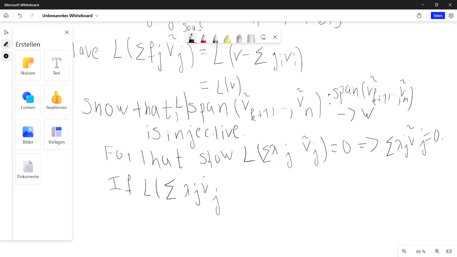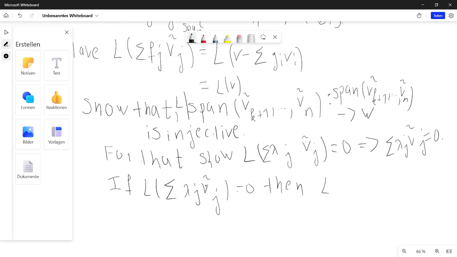Because we have shown that the kernel being equal to zero, that is, every vector that is mapped to zero is indeed the zero vector, is equivalent to L being injective, and we want now this restriction to be injective. We take some vector in this restriction and have to show that whenever it is mapped to zero, it was already zero, right? And we just use our basis of the kernel.